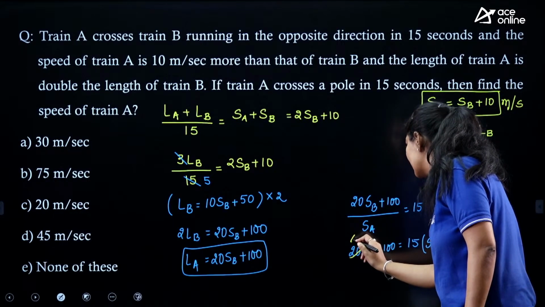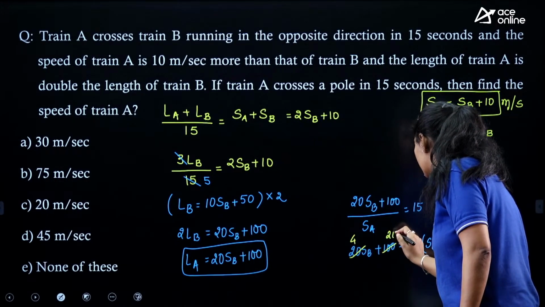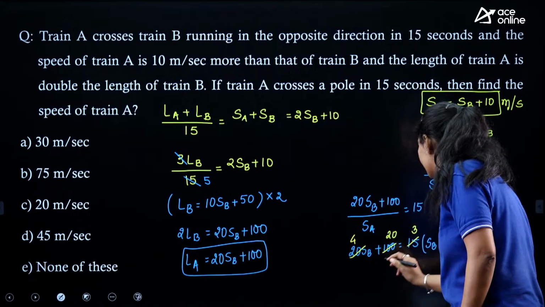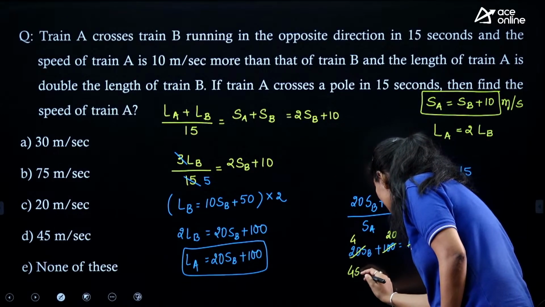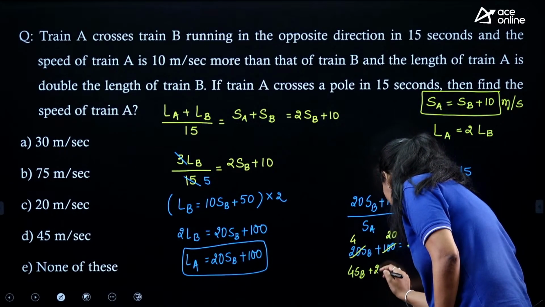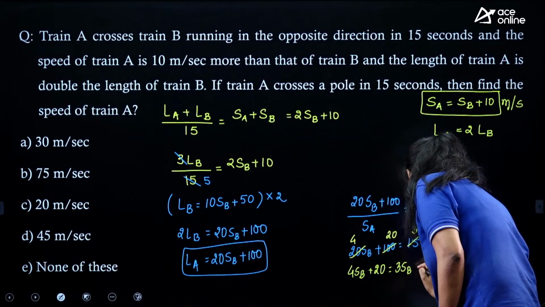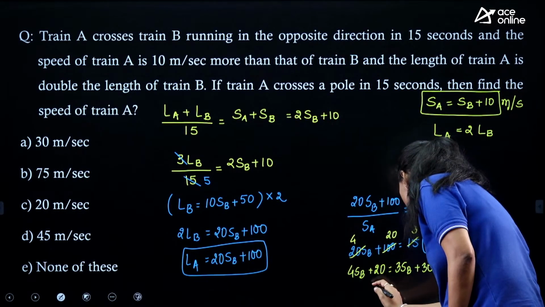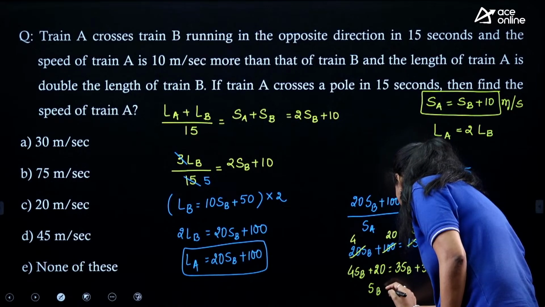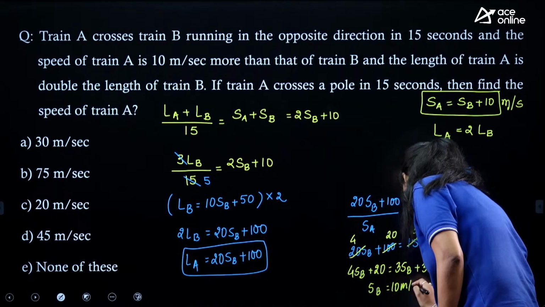So here we are getting 4 SB plus 20 is equal to 3 SB plus 30. So the value of SB that we get is 10 meters per second.